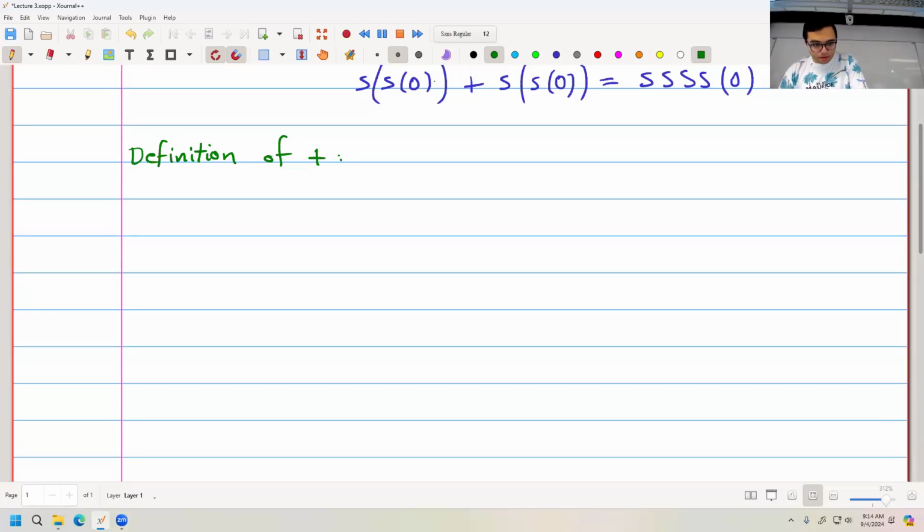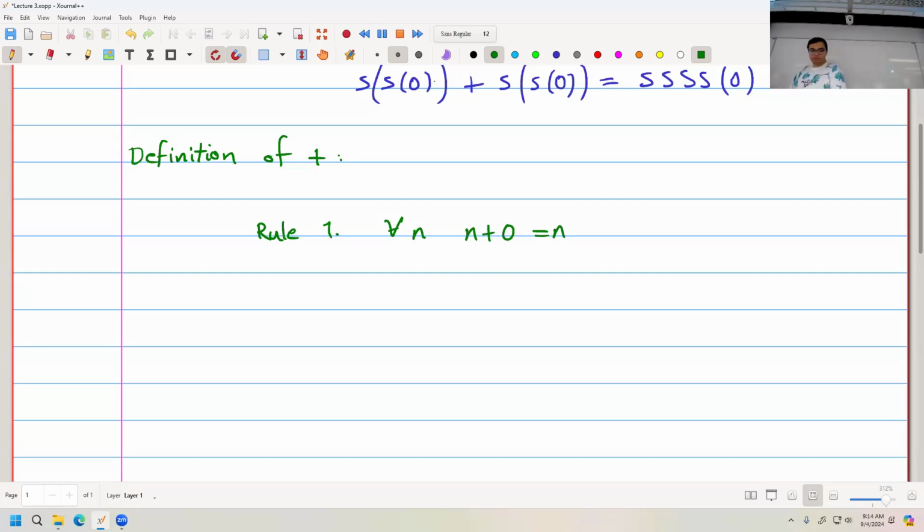So rule number 1 is that for every natural number n, and I don't specify the universe here, my universe is the universe of natural numbers, n plus 0 is n.